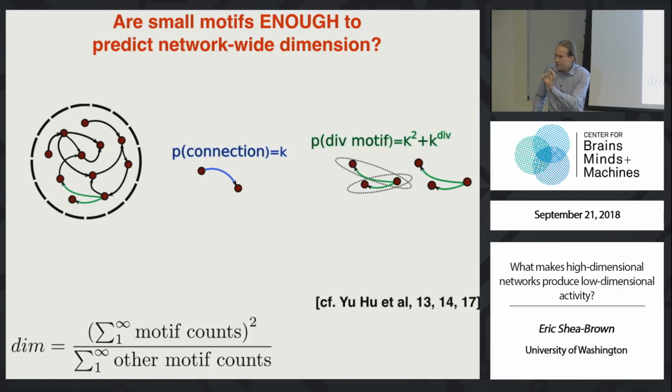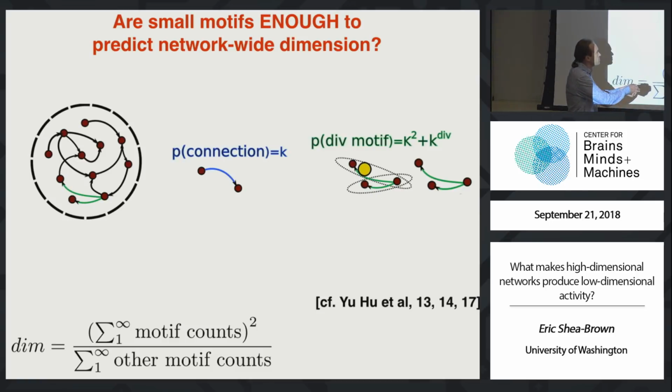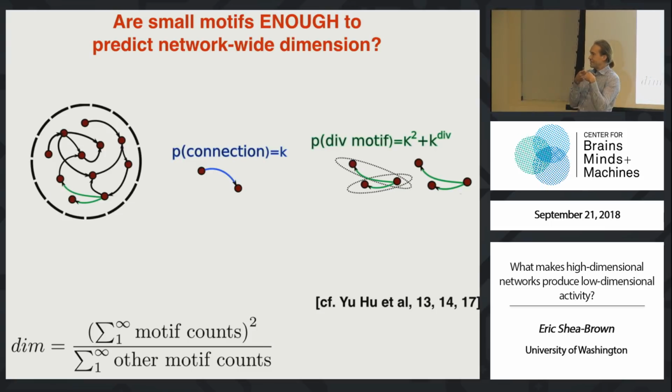So knowing about connection probabilities alone, I would have said, all right, what are my chances of getting one of these green things? Anybody want to shout it out? It's lonely up here. Connection probability is k. What are the chances that if I look at a given triplet of cells, just knowing that alone, that I would get two connections present at once to form this diverging motif?